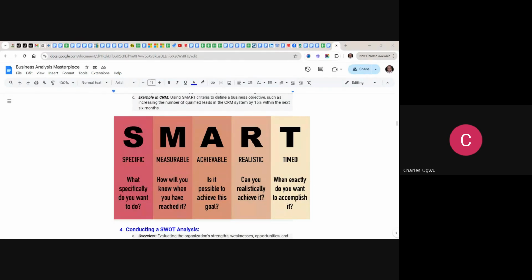So let's look at any other question from any other person or any other contribution. We want to make sure that you grasp this very well using the SMART. The SMART is very, very good, and you have to continue to use it as a project manager, as a business analyst, more especially as a junior business analyst, as a senior. You have to continue to use it.